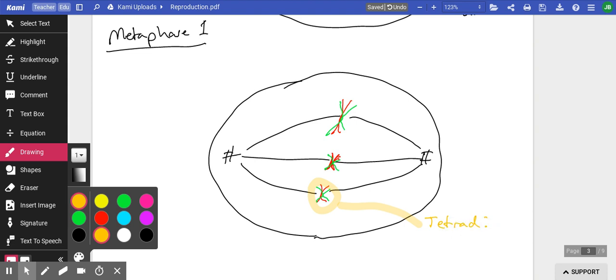So the tetrad is 4 homologous chromatids, or 2 homologous chromosomes connected. And this has a name in metaphase 1. It's called synapsis. So synapsis is when the tetrads form.